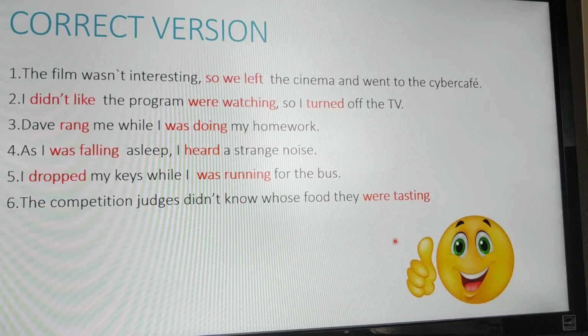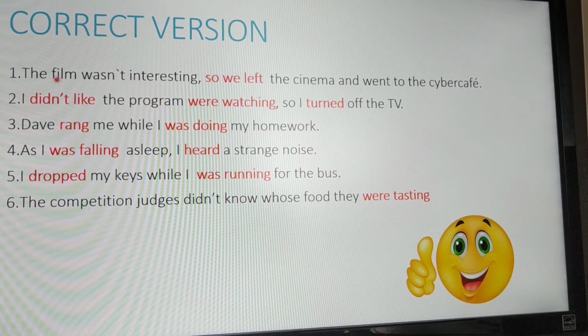Okay, let's check. Sentence number 1. The film wasn't interesting, so we left the cinema and went to the cyber cafe. Sentence number 2. I didn't like the program we were watching, so I turned off the TV. Sentence number 3.